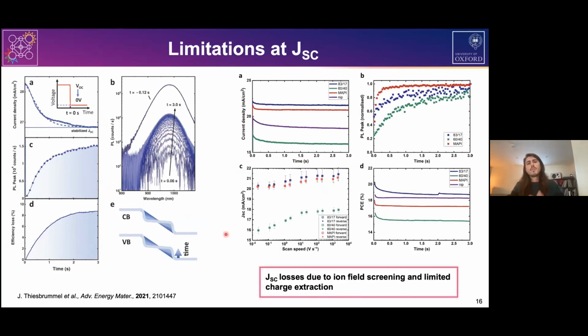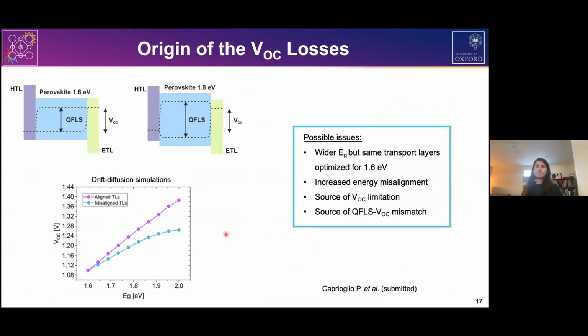So essentially, we know that the JSC can be limited due to this ion screening of the internal field and limited charge extraction. So now, based on this knowledge from these two important studies, we moved into understanding a little bit deeper this type of losses in this wide gap system.